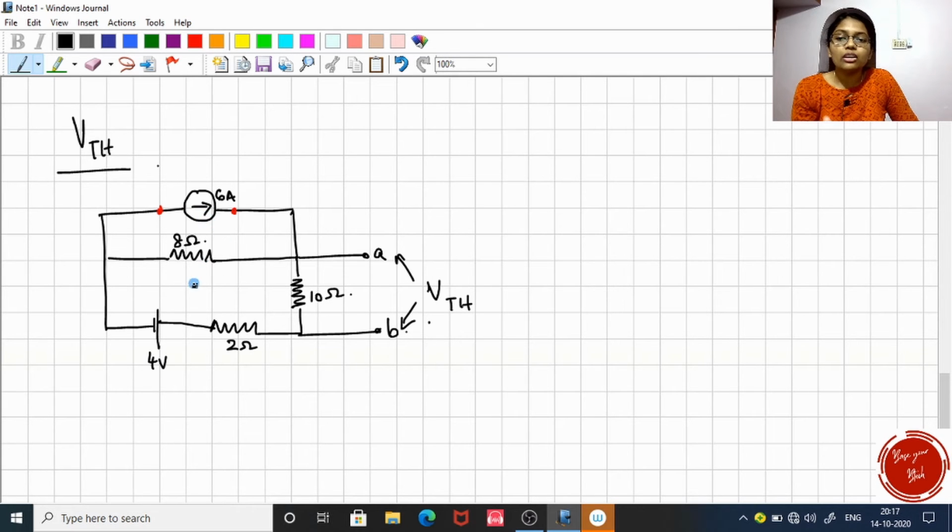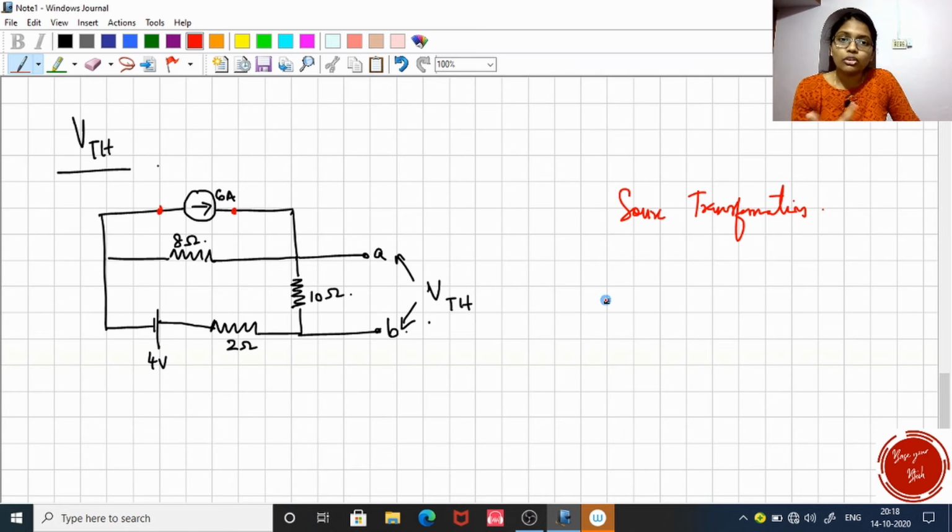Okay, why? Because it is very easy when we have only voltage source coming in the circuit. When there is a combination of voltage source and current source, it becomes quite difficult for us to proceed. So let's transform this current source to a voltage source. Okay, so what is the source transformation?